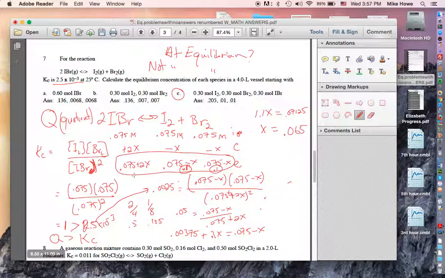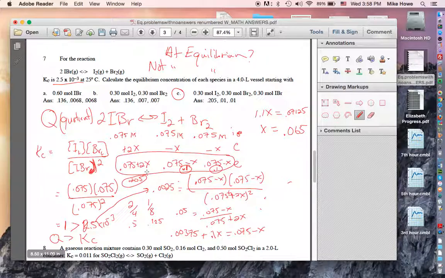And over here, it's 0.075 plus 2 times 0.065, which is 0.13. So 0.075 plus 2 times 0.065 equals 0.205. So that's our final set of answers.